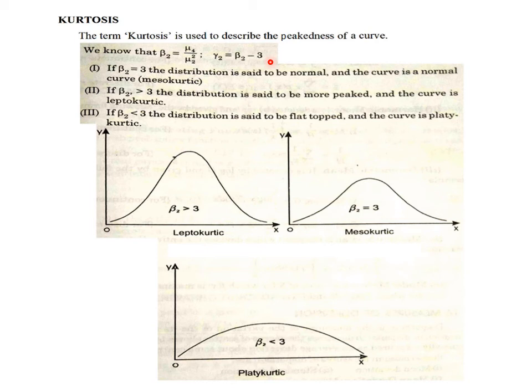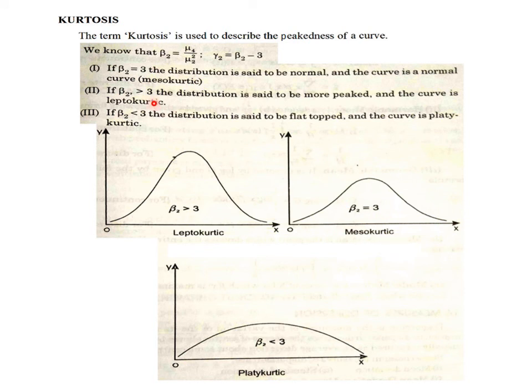So when we have the value of beta 2, we can talk about the kurtosis of a curve. If beta 2 is 3, then that distribution is said to be normal, and the curve is a normal curve. A normal kind of peak can be seen, and that curve is known as mesokurtic. This can be seen in that diagram. When beta 2 is 3, a normal peak is there for the curve, which is known as mesokurtic.